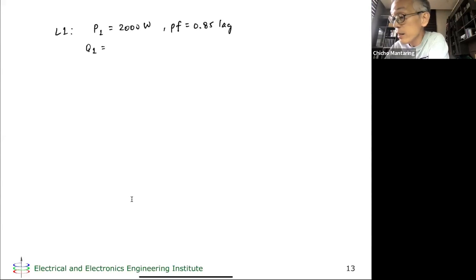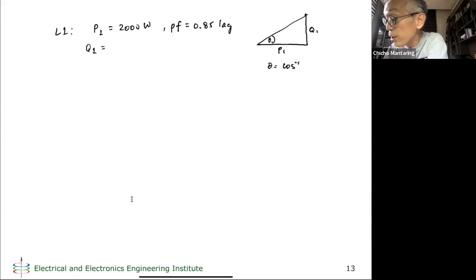Again, you can use your power triangle. If you don't want to memorize formulas, you can use your power triangle. This is going to be P1. This is going to be Q1. I know that this theta is equal to the arc cosine of 0.85. That's the value of this angle, the arc cosine of 0.85.